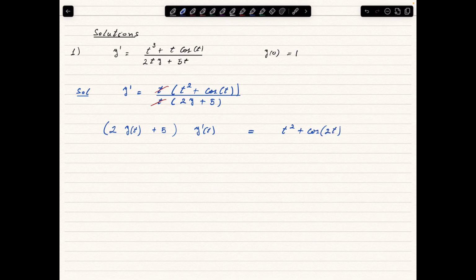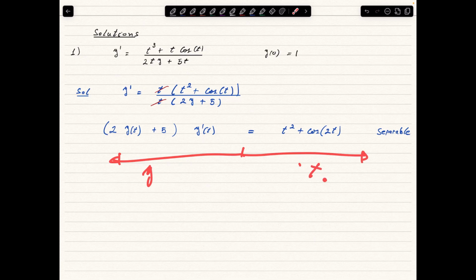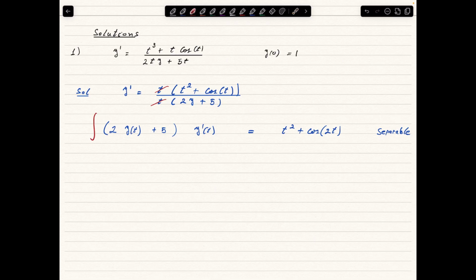Alright, this is what we got, and now we see very clearly that this equation is actually separable. Here we have the part that depends on y, this is the part that depends on t, and the part that depends on y is multiplied by y prime. Perfect. So what we can do now, because it's separable, is just integrate on both sides with respect to the t variable.